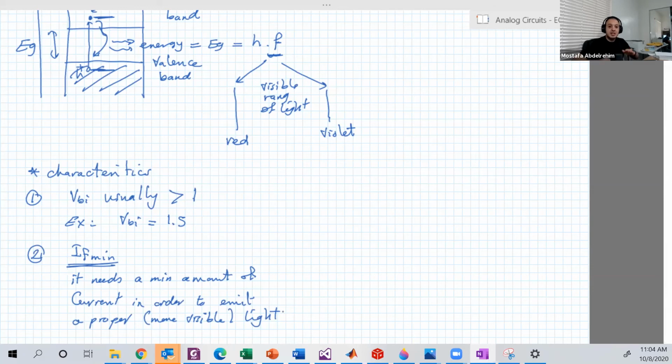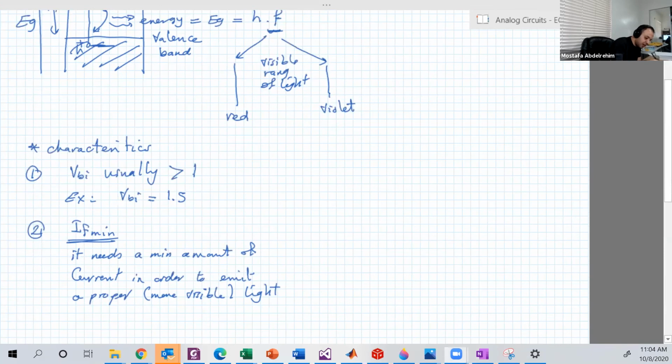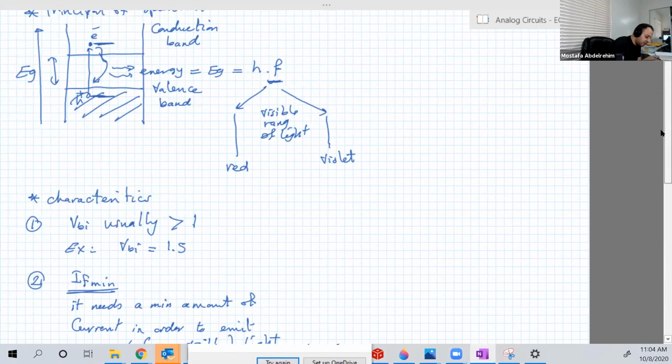Other than this, the analysis and the characteristics are similar to, or close to, or exactly as the normal diodes. One particular application for the LEDs is the 7-segment display.